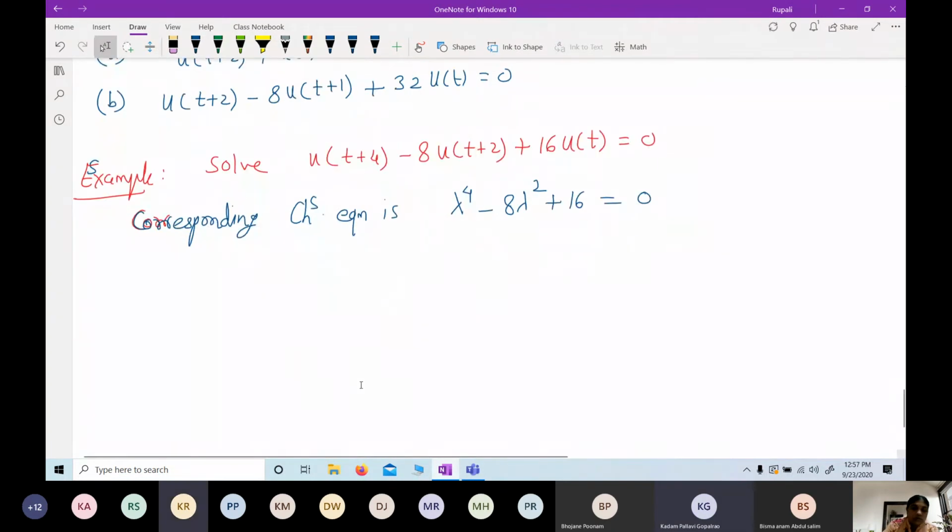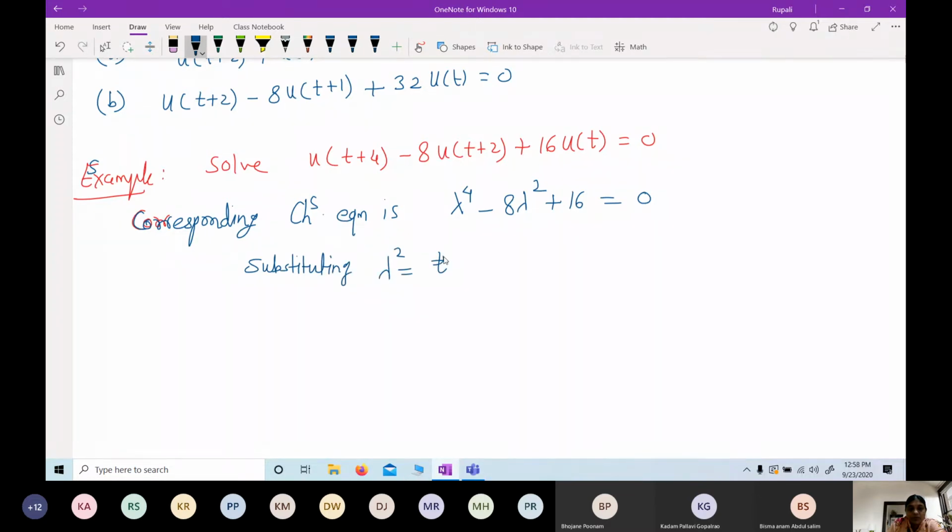Yes. So how can I find the roots? If it is fourth order, it means we will have 4 roots. So, substituting lambda square is equal to m, not t, say m.